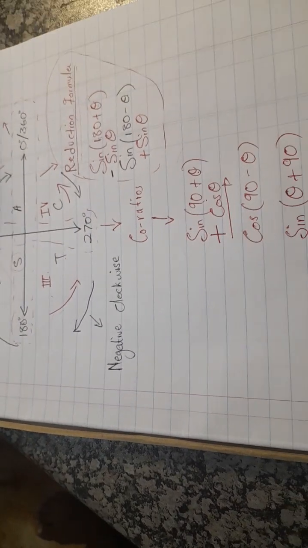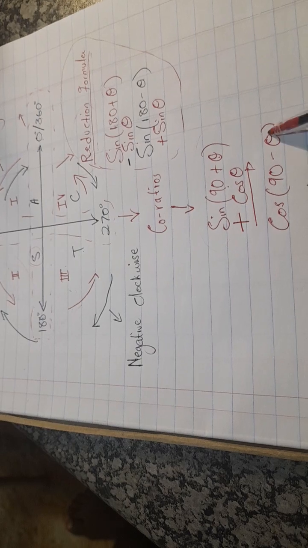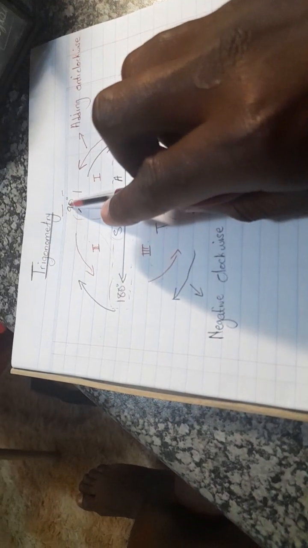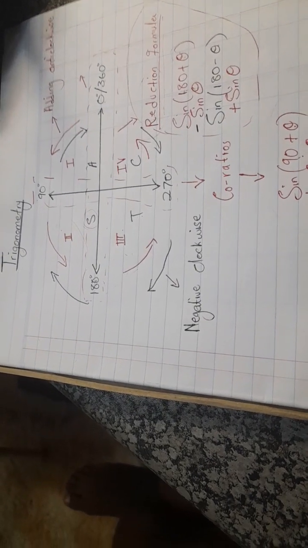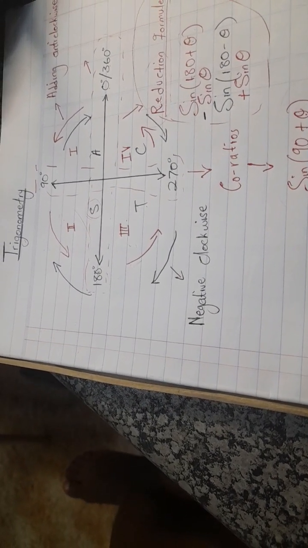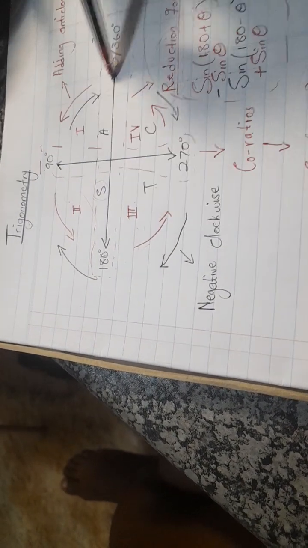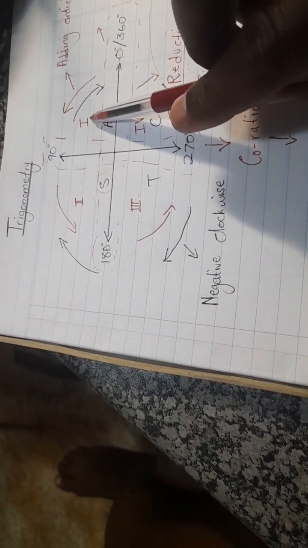We go to cos 90 minus theta. What did I say about minus? Let's go back to 90. Minus, you are reducing the number. You are reducing this number, which means 90 minus any number less than 90. What will you get? You will get a number in between 0 to 90 degrees, meaning it's what?